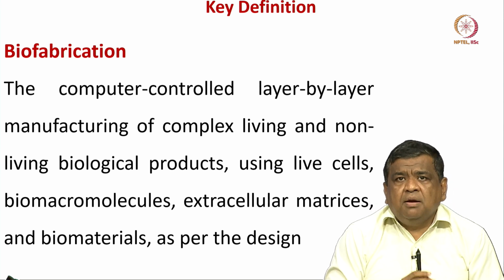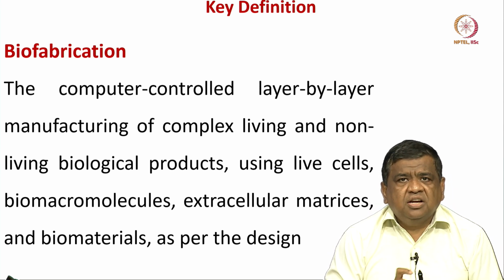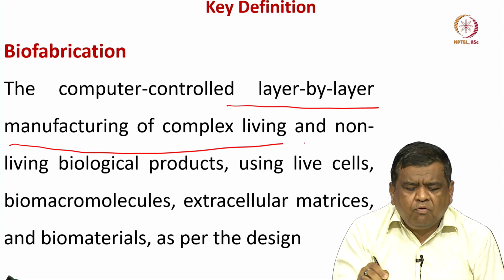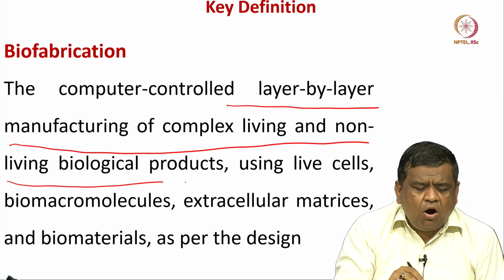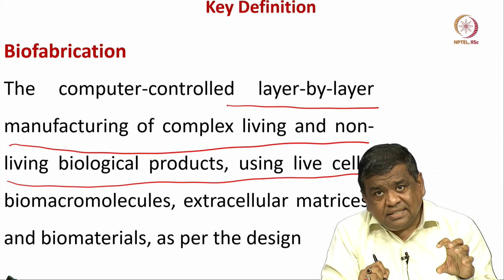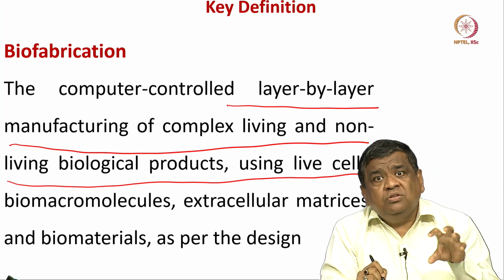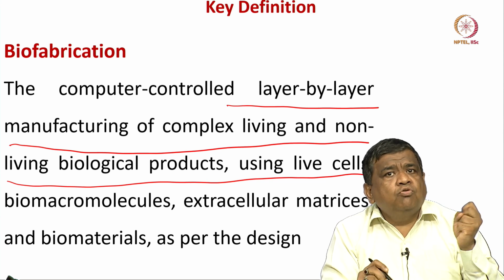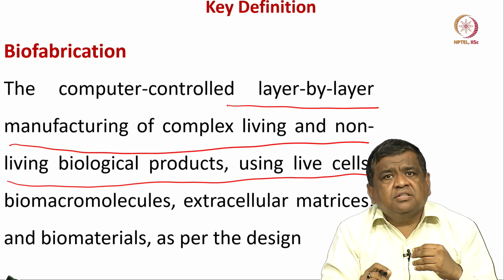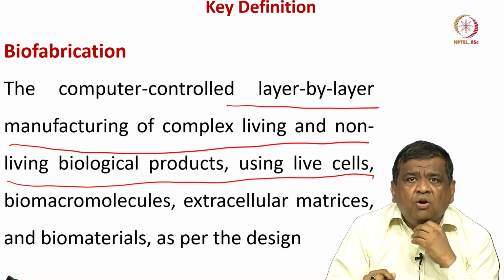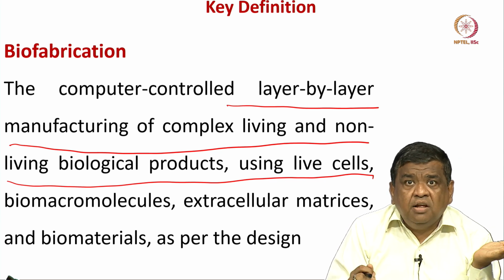Biofabrication. As I mentioned before, biofabrication is computer-controlled layer-by-layer manufacturing of complex living and non-living biological products. That means you can use cells and you can use scaffold materials, for example gelatin, or some of the other polymers like polylactic acid or polylactic-co-glycolic acid, which are non-living in nature.